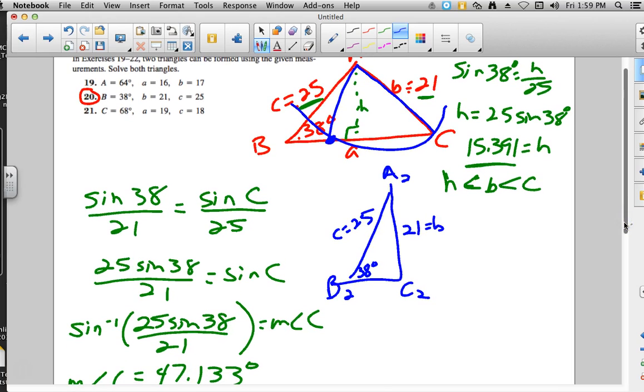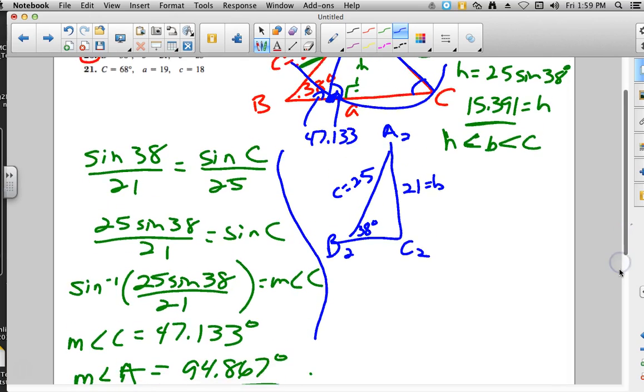So the key again is the fact that this is now an isosceles triangle, and we found what we wanted that angle C to be. That was our 47.133. So getting our angle C sub 2 is just a matter of subtracting that from 180.